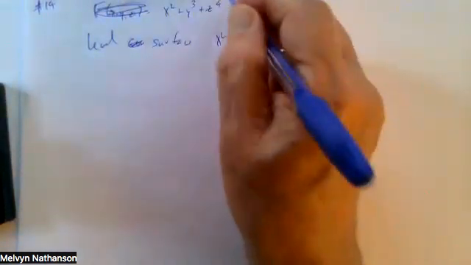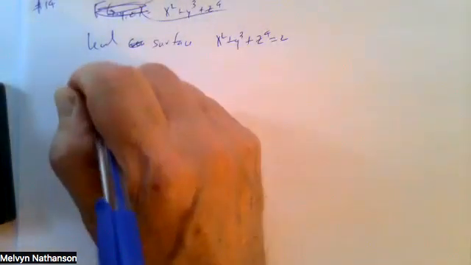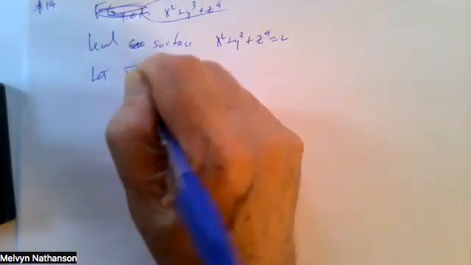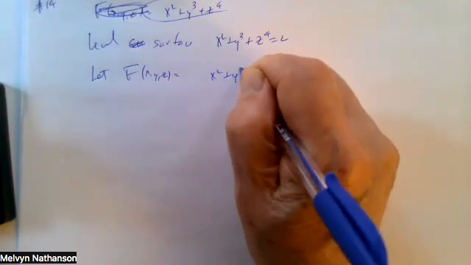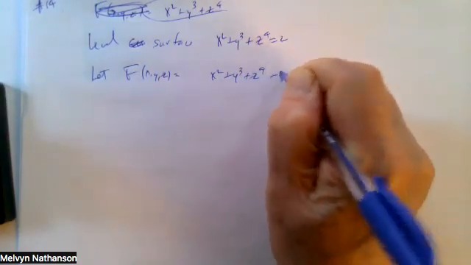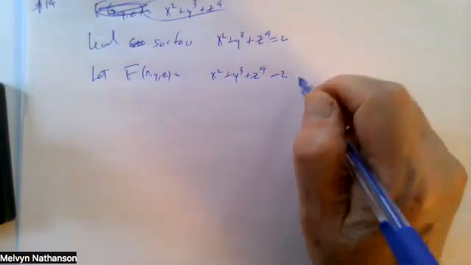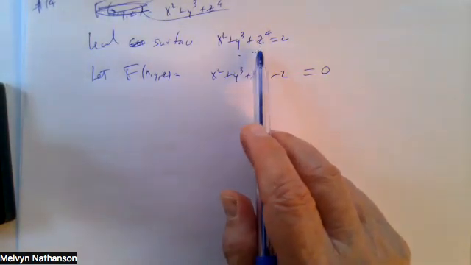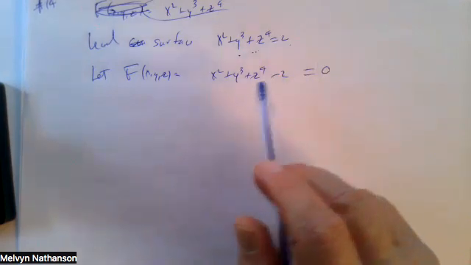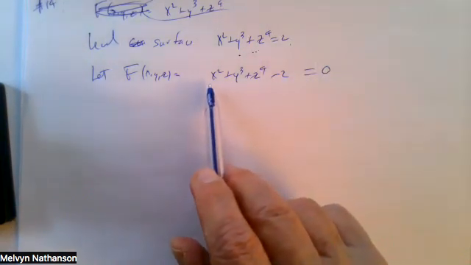So we should actually say let capital F of x, y, z be x squared plus y cubed plus z to the fourth minus 2, and we're looking at when this is equal to 0. That's the same as x squared plus y cubed plus z fourth equal 2. We want to set this up the way it's done in the text.